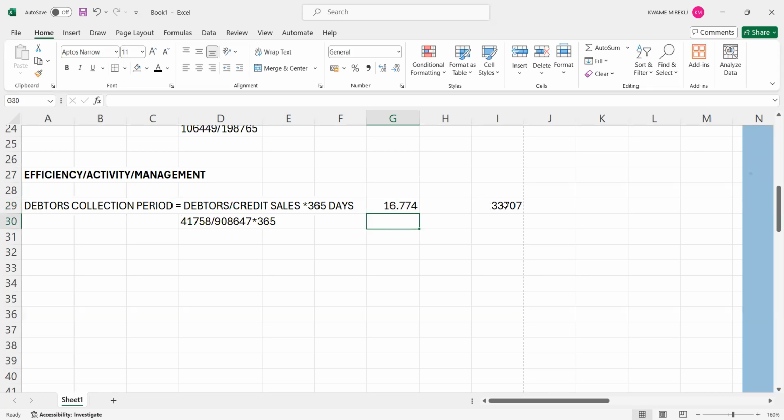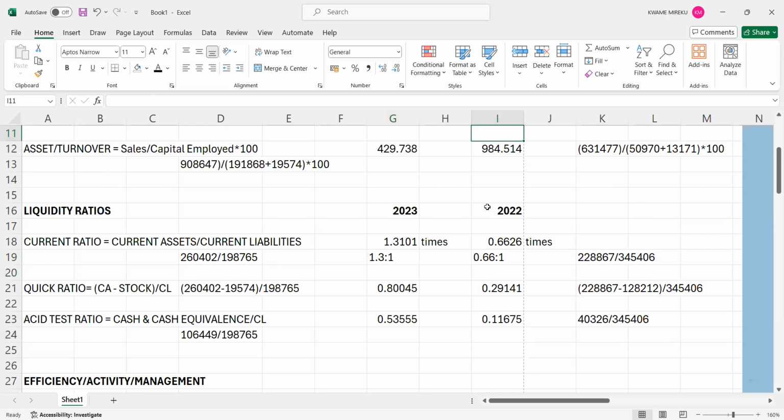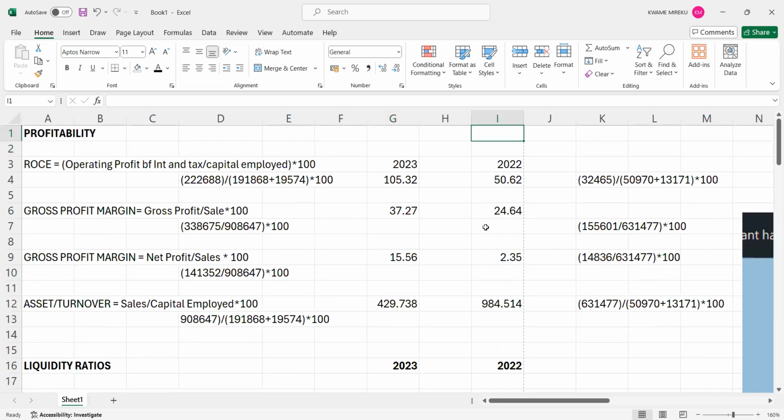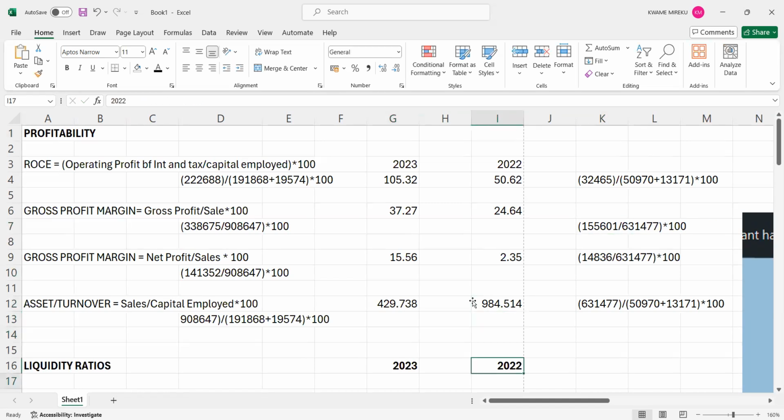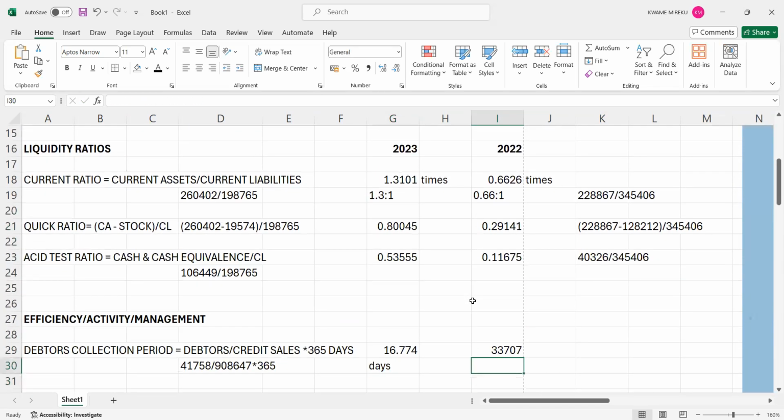Then I go on to that of 2022. The sales figure here was 63, but all these are on the income statement, so I go and pick them up from here. So it's your debtors divided by your sales figure, because that's what is available to us, times 365 days.